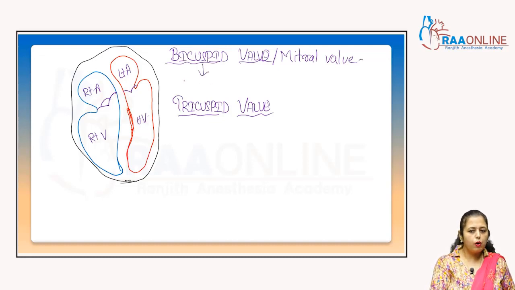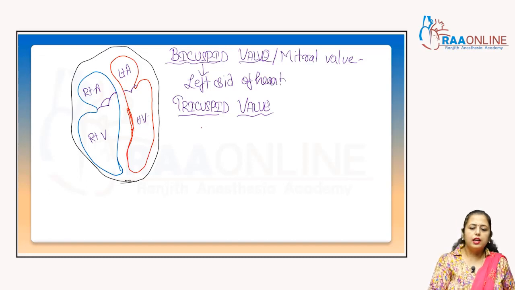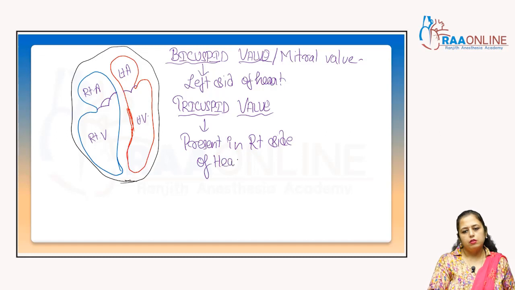Remember this thing, it is always present on the left side of the heart, right? And the tricuspid valve is always present on the right side of the heart, right? And the function is to prevent the backward flow of the blood.